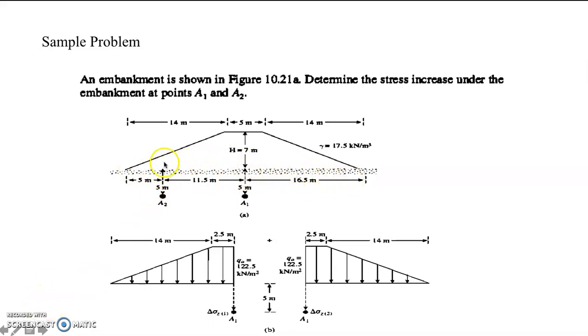So you simply get the stress on this portion, the stress on this portion, and the stress on this portion. You add the stress here and the stress on the middle portion, subtracted by the stress on this portion.